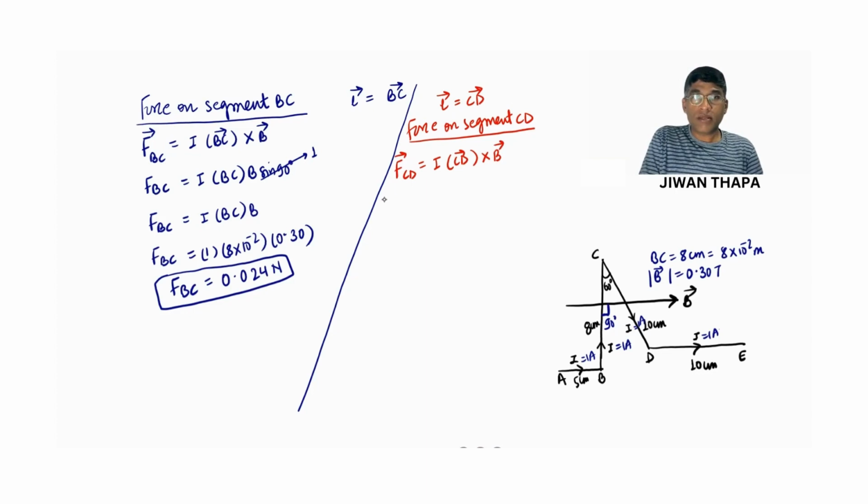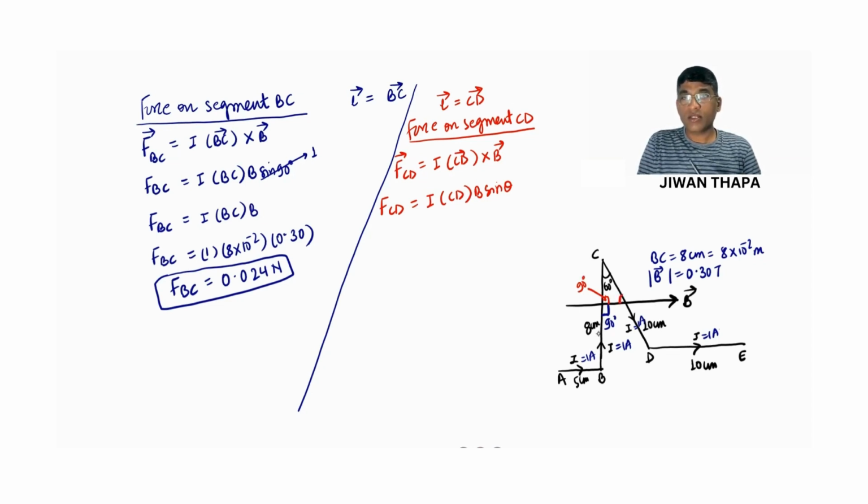So in magnitude we can write FCD equals I times length CD, and we have magnetic field, and sine theta. So we need to find the angle between magnetic field and segment CD. What we see is this angle is 90 degree. So we need to find this angle.